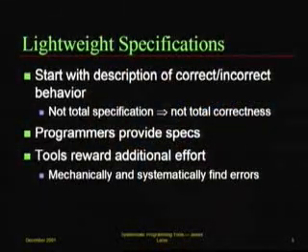Our specifications, probably to distinguish it a lot from what Yuri's group has done, for instance, are what we call lightweight specifications. We're interested in aspects of the program's behavior. We're only interested in little pieces. We're not trying to capture the entire semantics of a program's behavior. We're trying to find particularly important parts of the program behavior, things that can be written down quite easily, and also aspects of the behavior that we can check automatically by building tools.